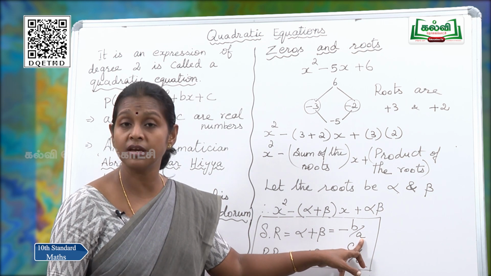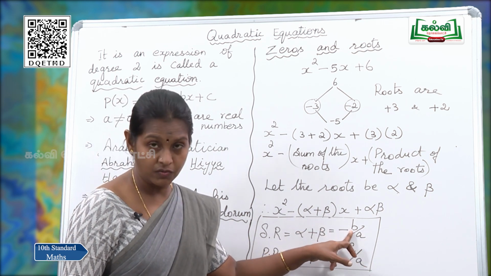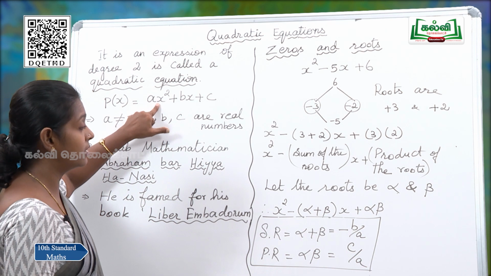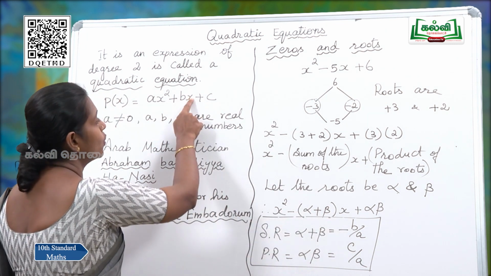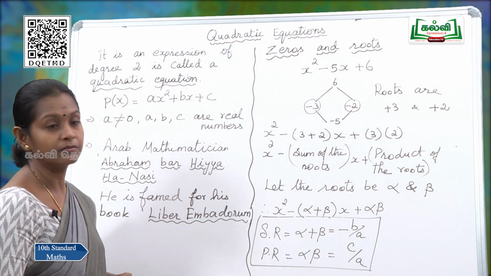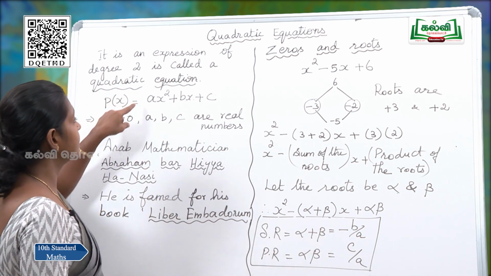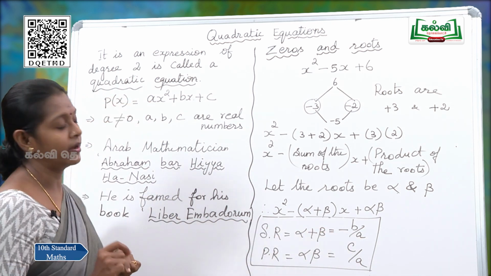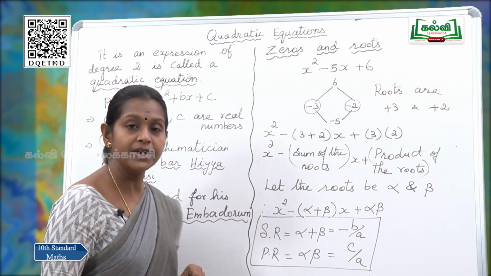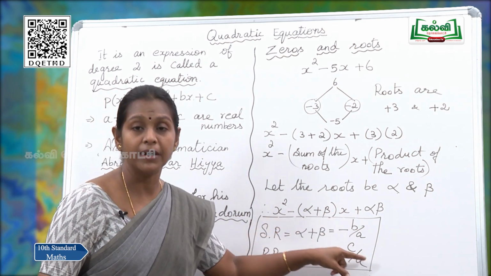What is b and what is a? From the general equation, b is the coefficient of x, and a is the coefficient of x squared. So the sum of the roots can be written as minus b by a.